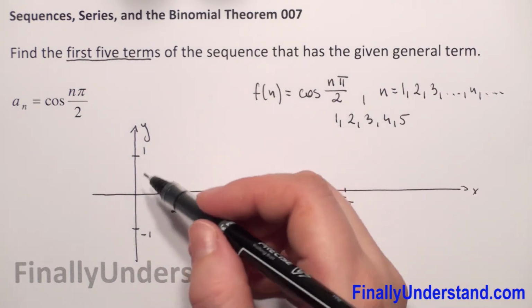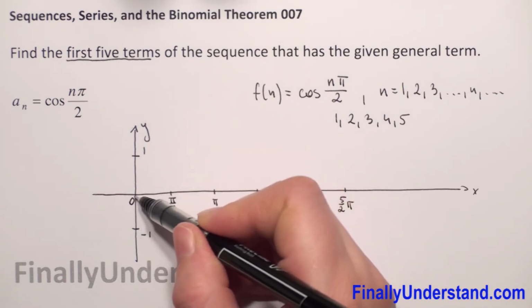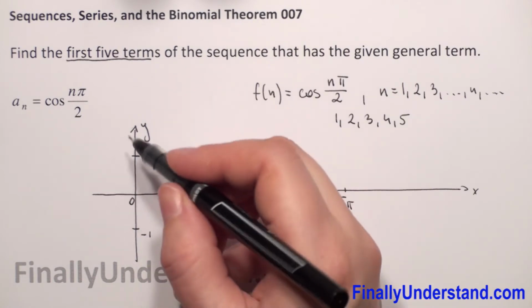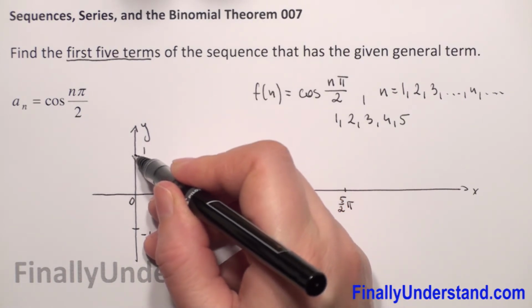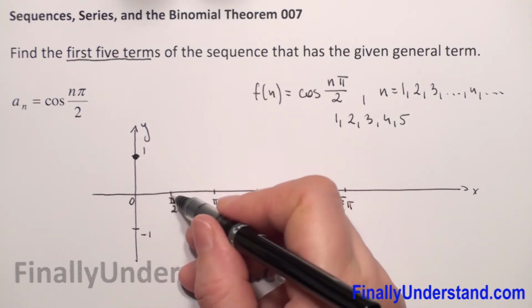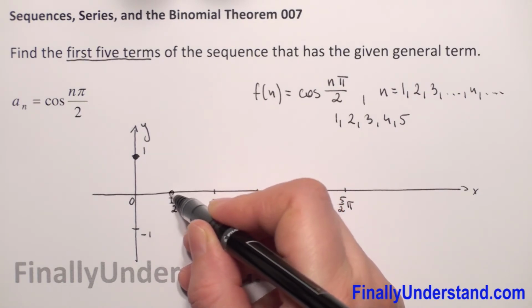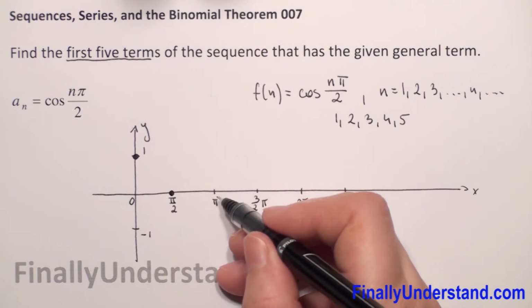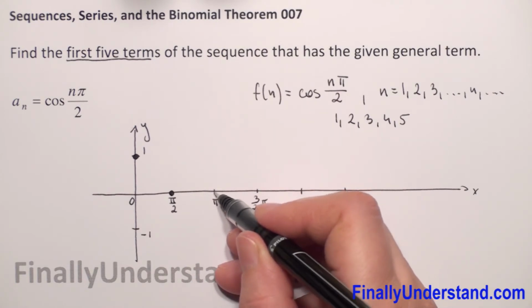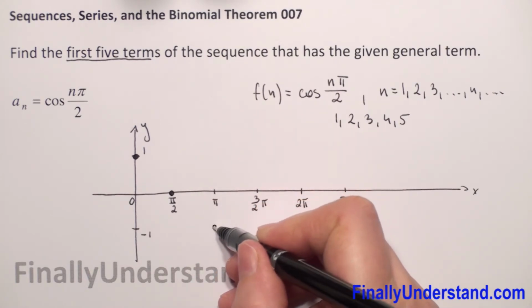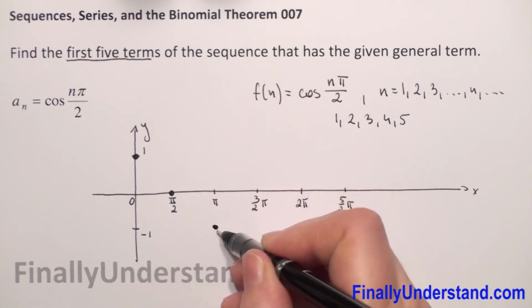So for 0, the value of cosine is 1. For pi over 2, the value of cosine is 0. For pi, the value is -1, so approximately here.